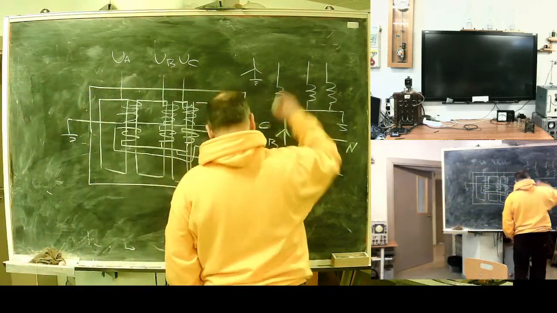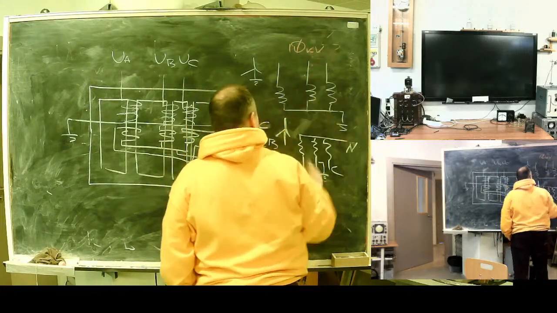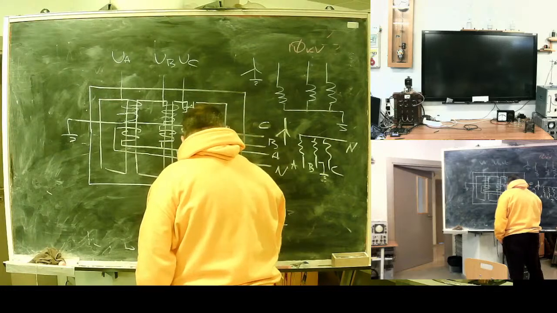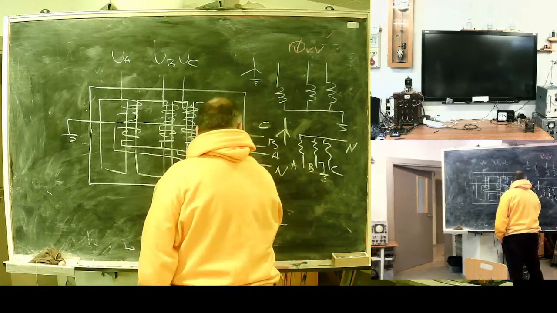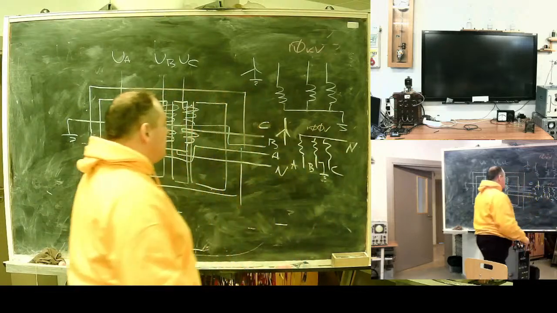If this network, this part, is for nominal voltage 10 kilovolts, this one will always be for 100 volts. But that's not all.